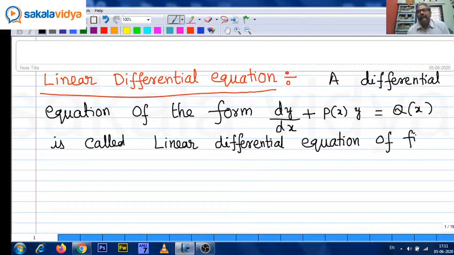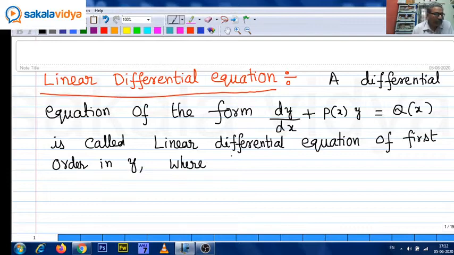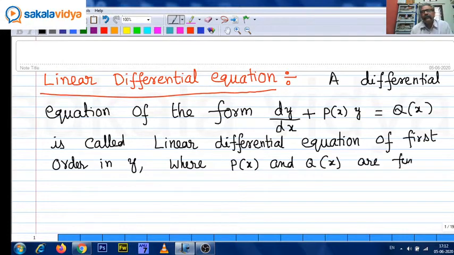In order we have second order also, third order, nth order, but here we have only first order, restricted to first order in y, where p of x and q of x are functions of x. Sometimes they may be constants.